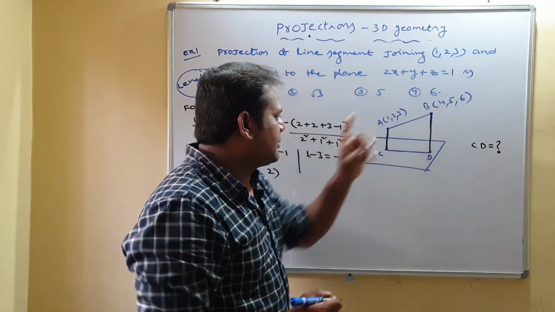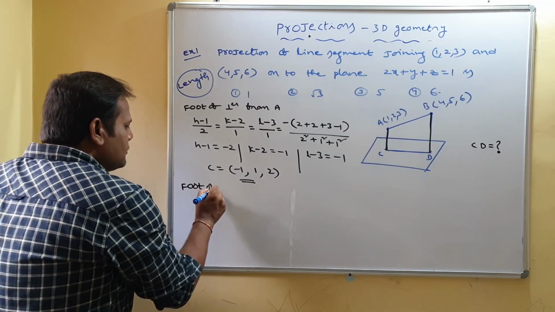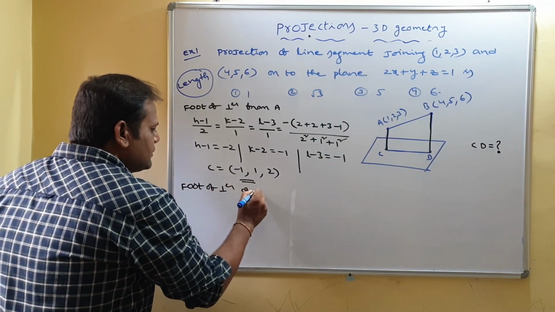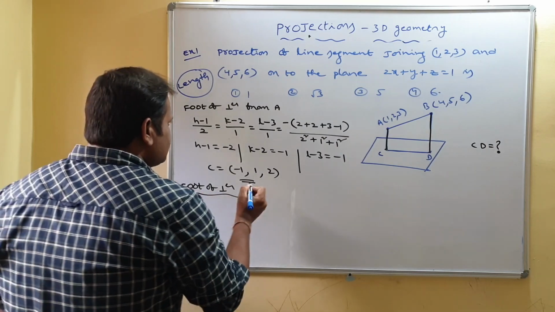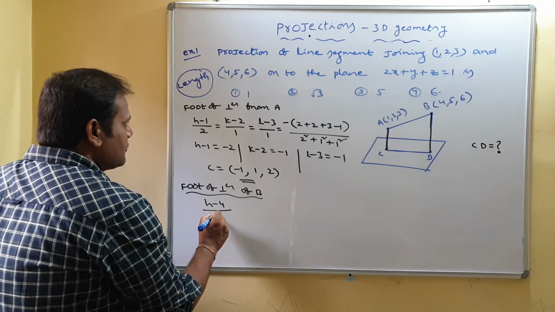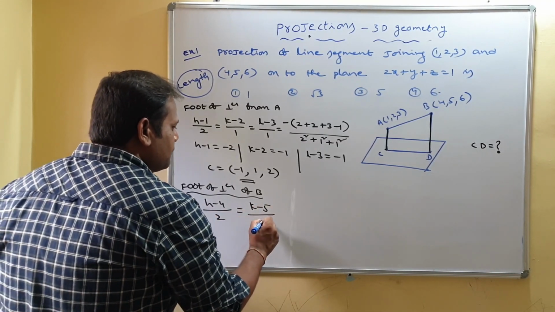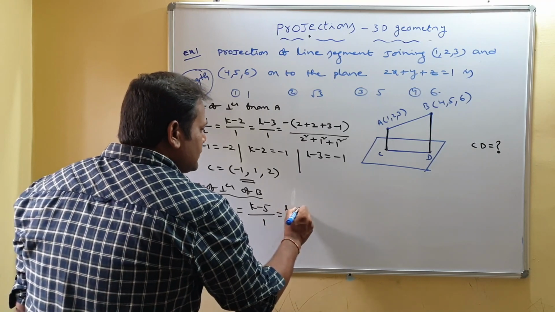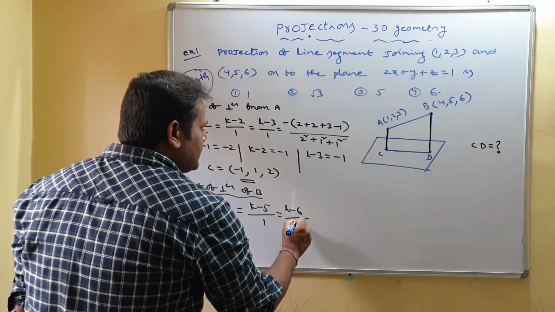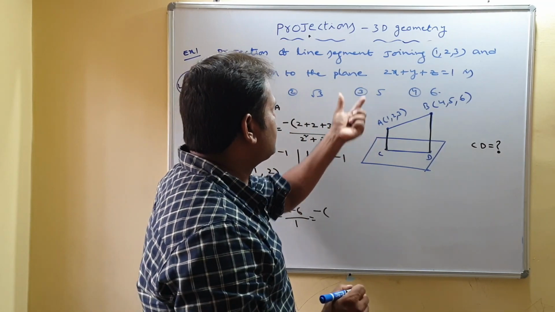Now we have to find the foot of the perpendicular of capital B. Again, (h minus x1) by a: (h minus 4) by 2 equal to (k minus 5) by 1 equal to (l minus 6) by 1 equal to minus of (a x1 + b y1 + c z1 + d).